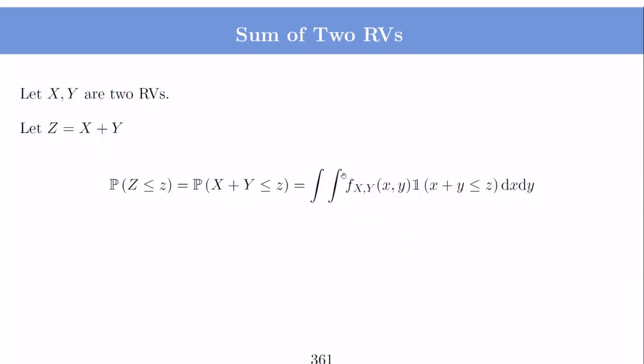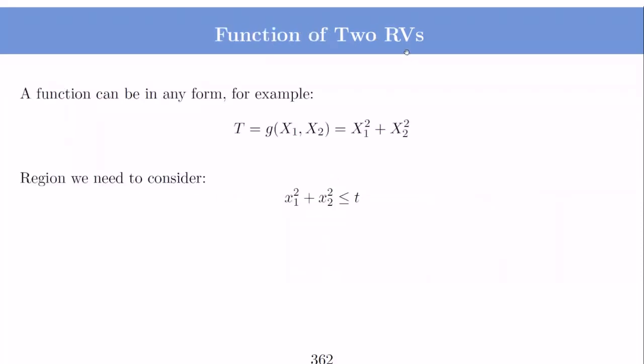For example, in the uniform case, this was just the area of the complete region. This can be extended to any function of two random variables. Suppose you have this function g of x1 comma x2, which is x1 squared plus x2 squared. Then the region you want to consider is when this is less than or equal to t, that is, x1 squared plus x2 squared less than t. So you will integrate your joint PDF over this region to get the CDF of t.